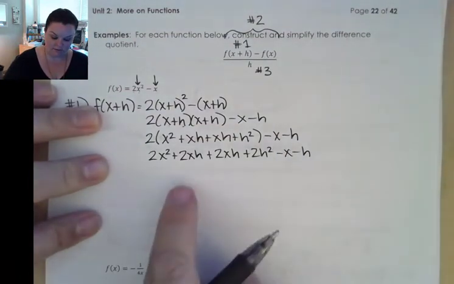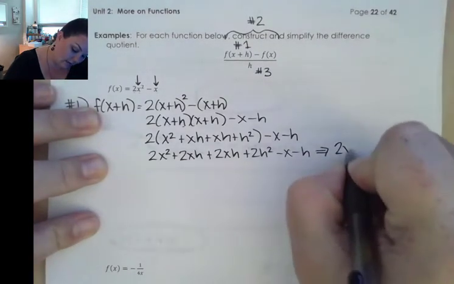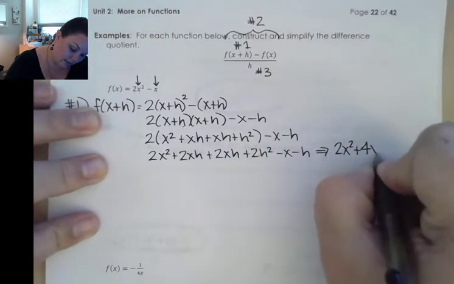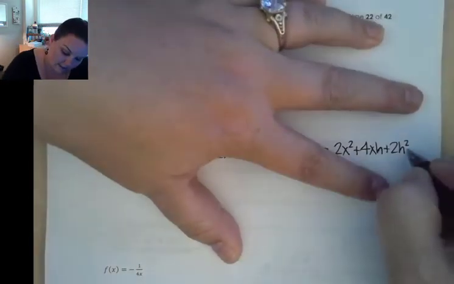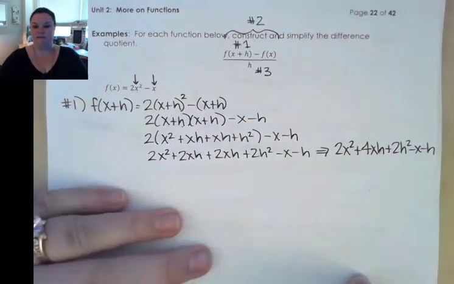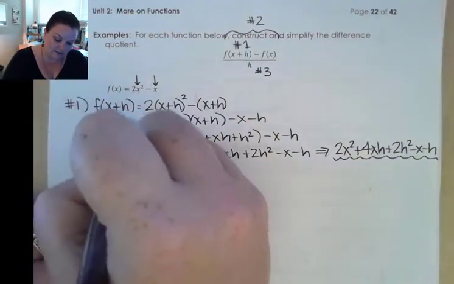And then the only thing I can do from here is combine like terms. So I end up with 2x squared plus 4xh plus 2h squared minus x minus h. Okay? And this is my answer for this ugly piece here.